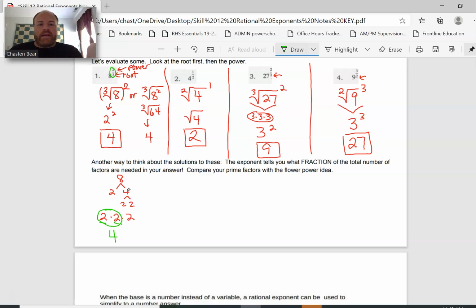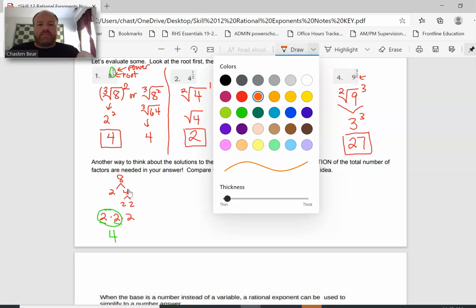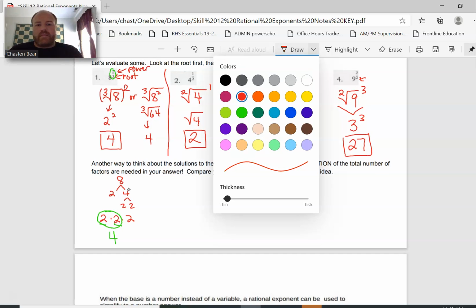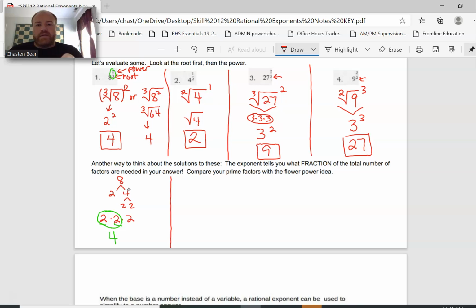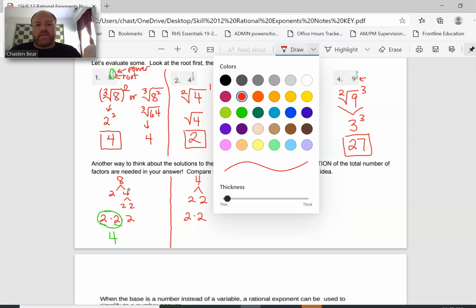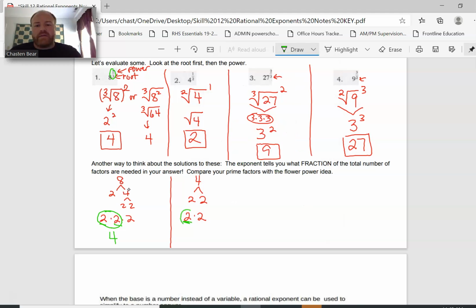If I look at that idea with the next example, so 4 to the 1/2, if I take that 4, I can break that down into 2 times 2. And then because we want the 1/2 power, half of my total factors is the 2. So that's another way to think of it.